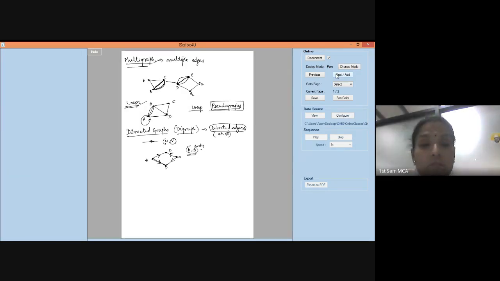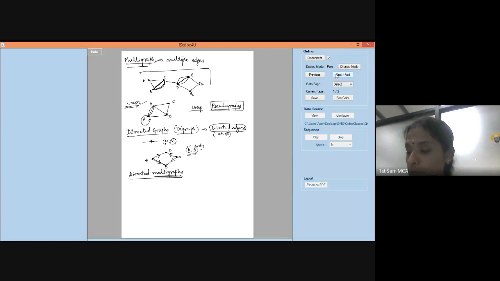The next one which I will be touching upon is directed multigraphs. What is a directed multigraph? What is a multigraph? We have already learned what a multigraph is. This is what we have seen.